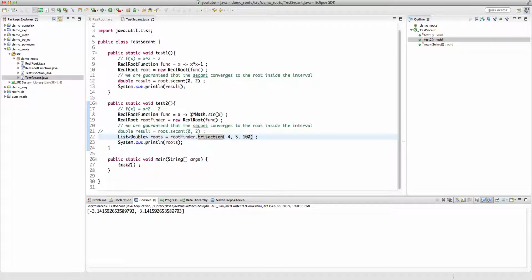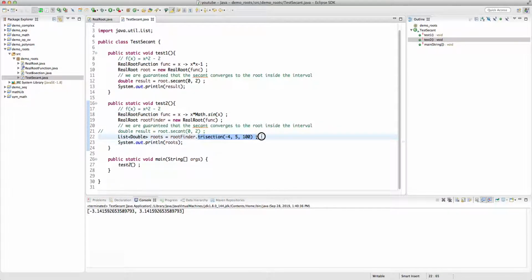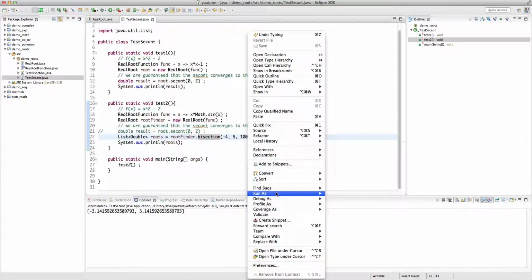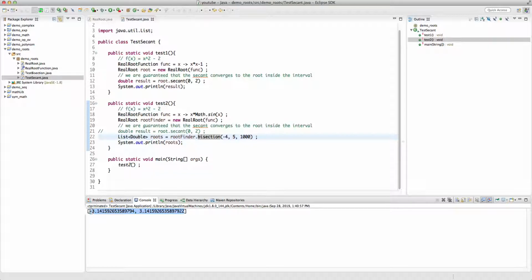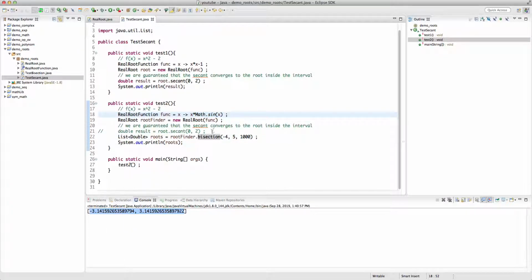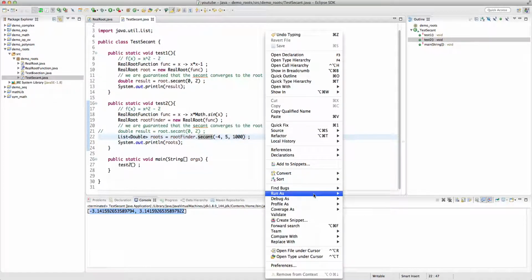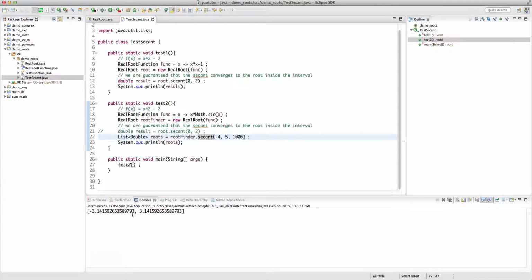If it wasn't a tangent, we know that the trisection is guaranteed to converge if the root is there, right? So here if I use the trisection or bisection, we don't see one of the zeros, which is exactly at 0, because the function is tangent at 0. But secant is also failing, and you can look into the reason why it's failing, but it's not revealing the 0.